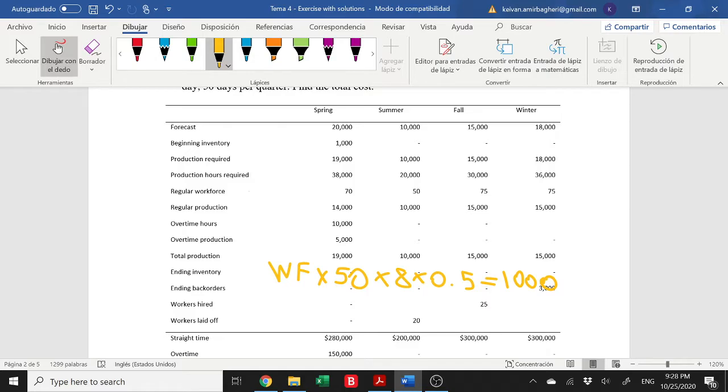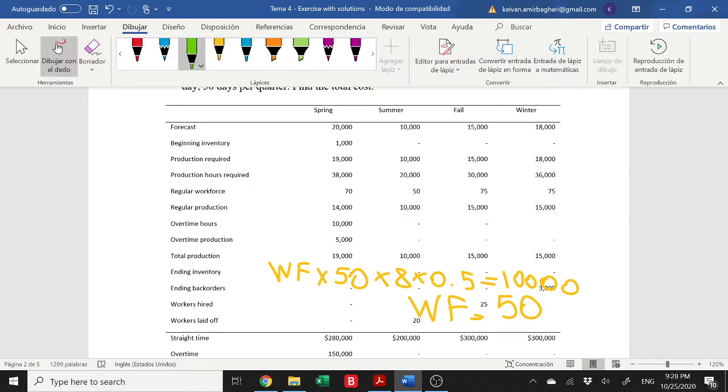So 10,000 divided by 5 multiplied by 8 multiplied by 0.5, which means divided by 20. So easily I can calculate the workforce that I need for summer is 50 units.